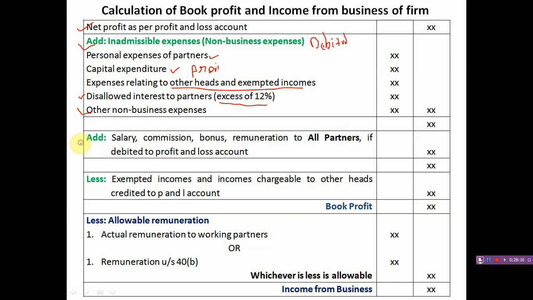Next, we should add the salary, remuneration, commission or bonus given to all the partners, not only working partners, which is debited to the profit and loss account.